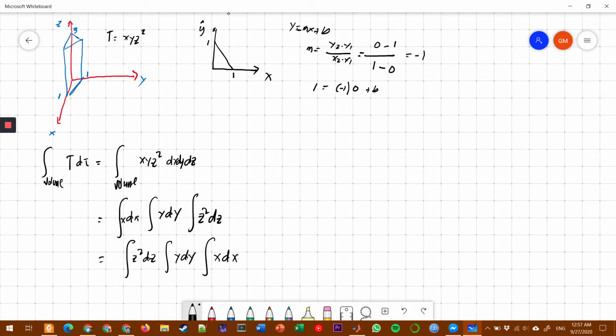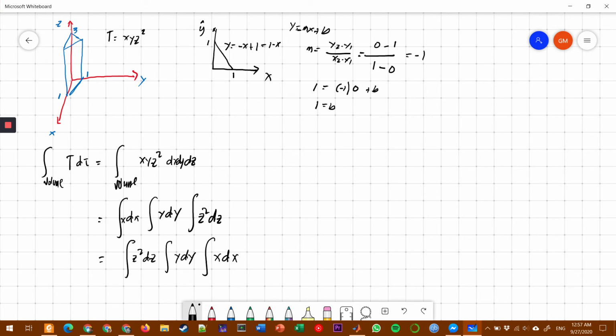So this is 1, this is 0. So you get 1 equals b. So the y-intercept equals b. Therefore, the equation of this line is just y equals negative x plus 1, right? Or this is just 1 minus x. So that is the equation. Okay?